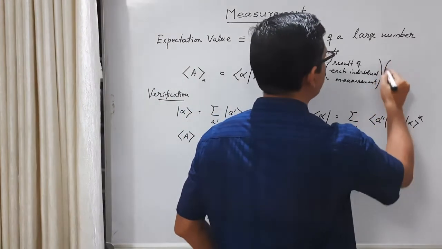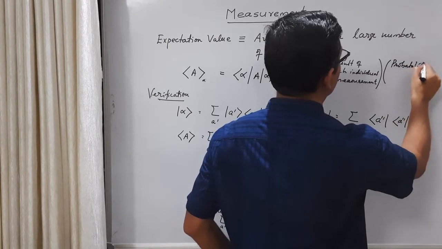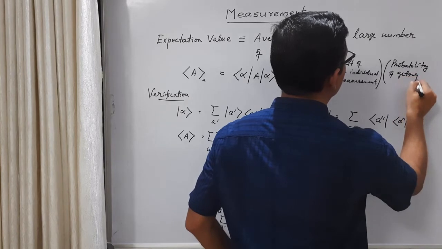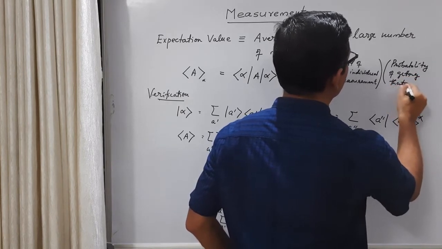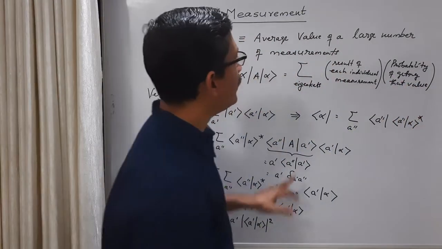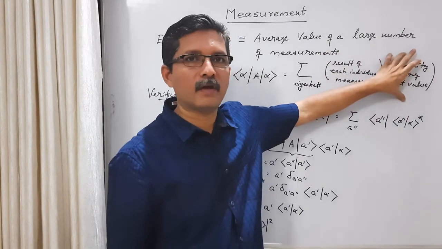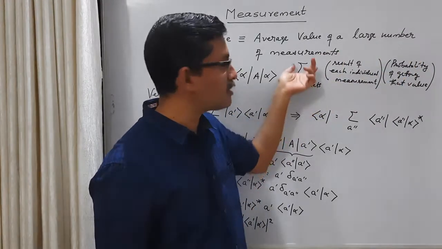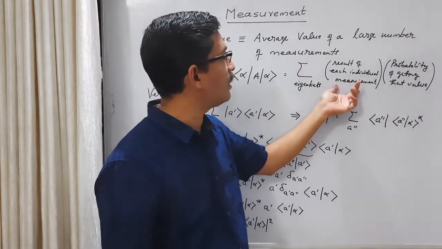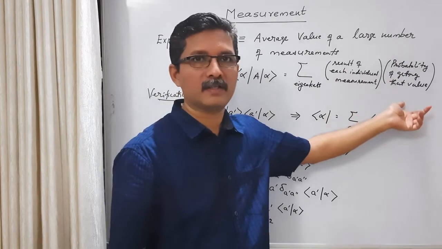So this is the probability of getting that eigenvalue. So result of each individual measurement times probability of getting that value, plus we are summing over all eigenkets. So plus you take the next result of individual measurement and probability of getting that value.